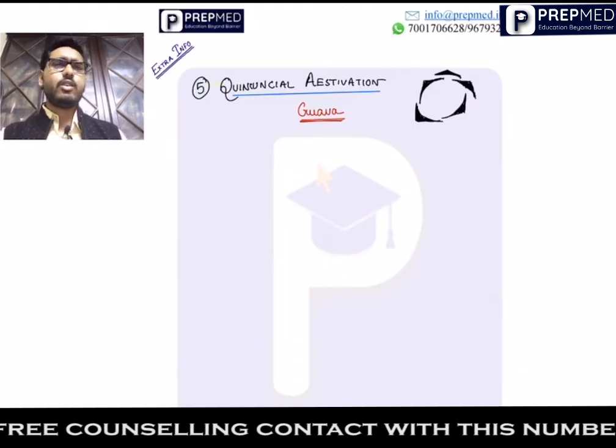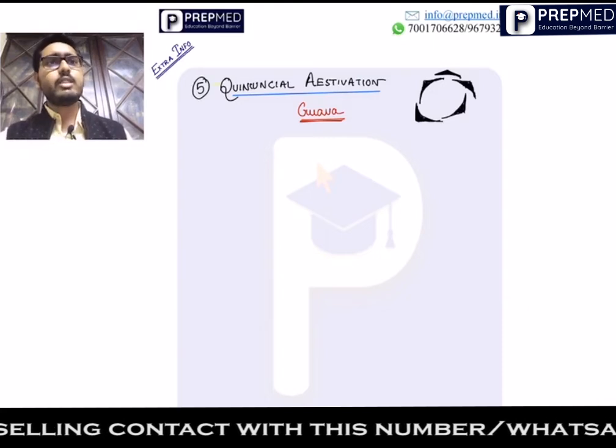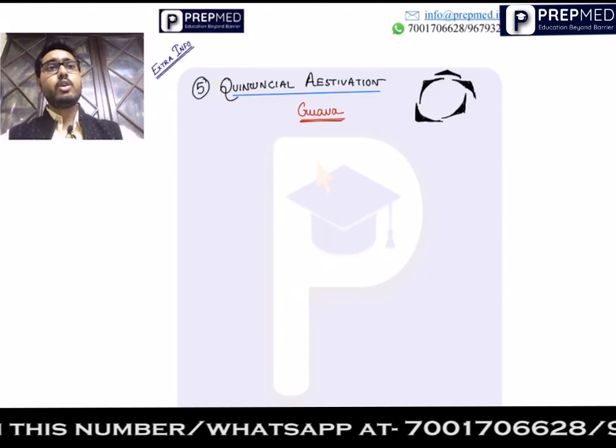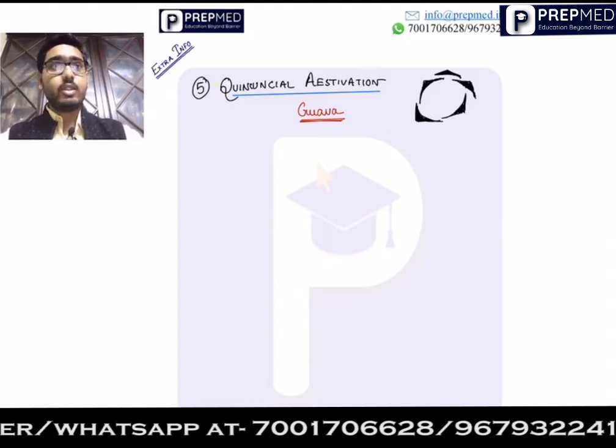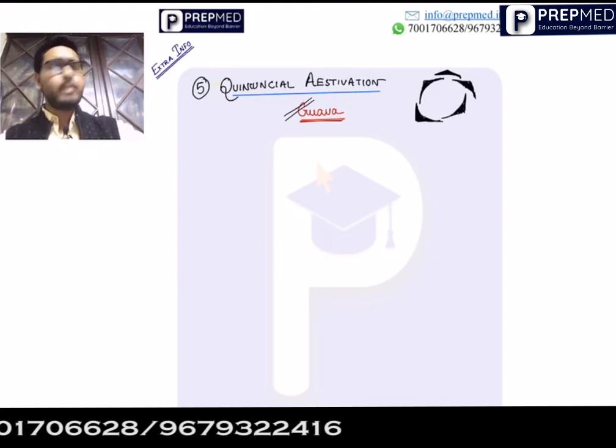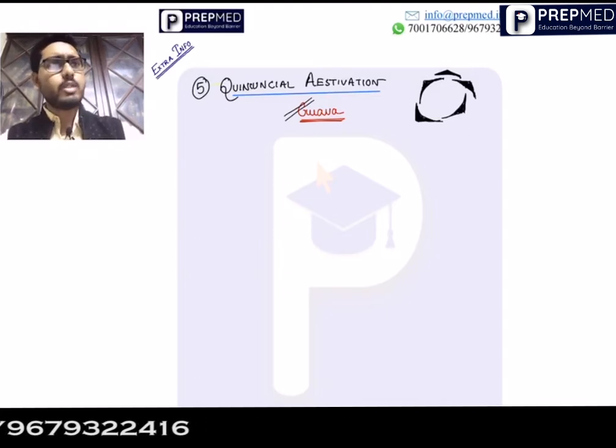Now, for a bit of extra edge information, there is another type of estivation called quincuncial estivation. It's found in guava. It's given in a few books, but it's not in the NCERT, so you need not worry much about it.